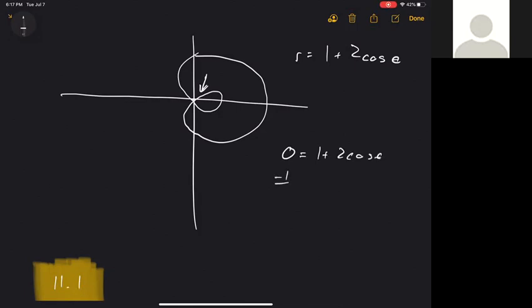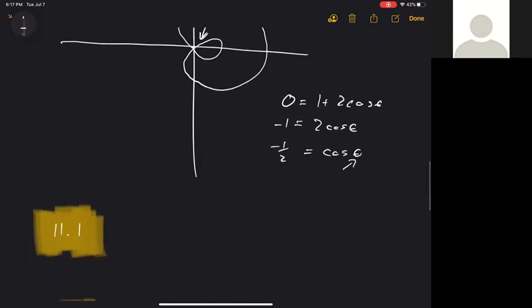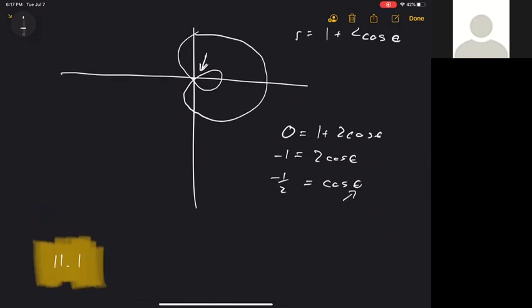You get -1 equals 2 cosine theta. You divide both sides by 2. And then you ask yourself, what angle has a cosine of -1/2? And that gives you a couple of answers, right? It gives you 2 pi over 3 and 4 pi over 3, something like that.